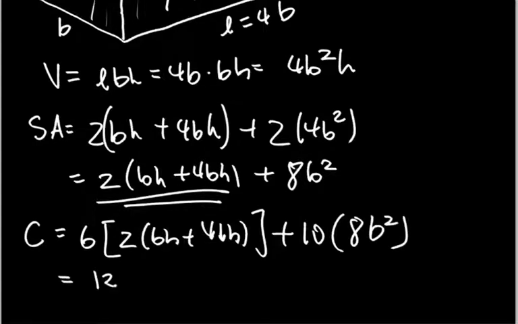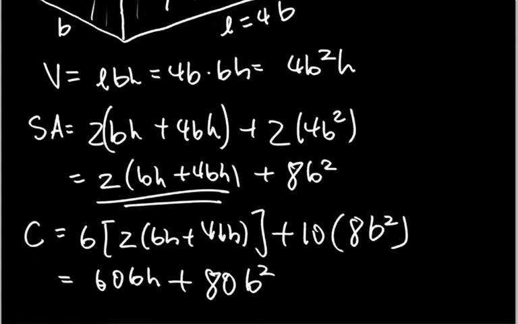Alright, so this is 12 BH plus, I should just combine those. 12 times 5 BH. 12 times 5 is 60, so 60 BH plus 80 B squared.